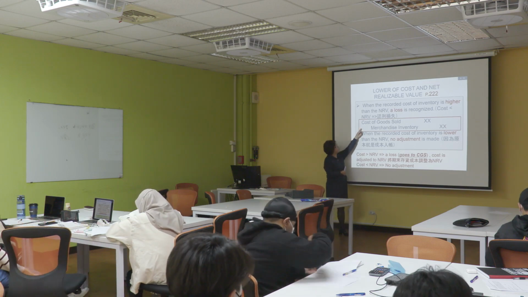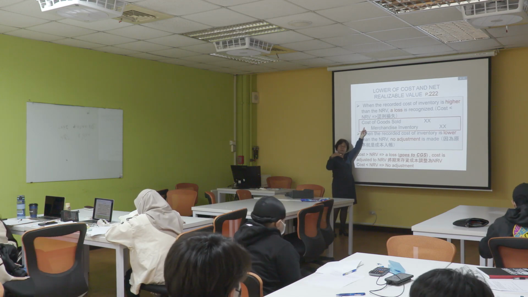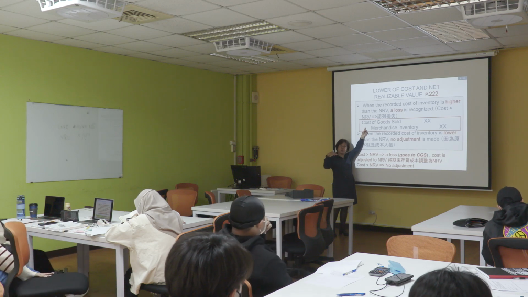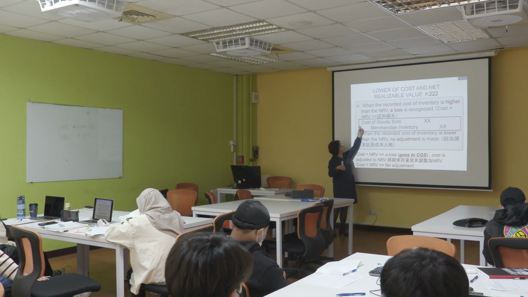Okay, so cost of goods sold is a debit, no more balance, because it is the minus item of sales. Sales is credit. Anything that becomes a minus item goes to debit.